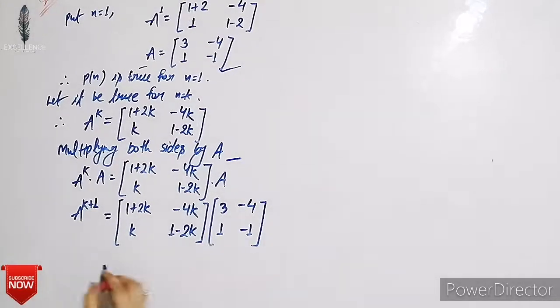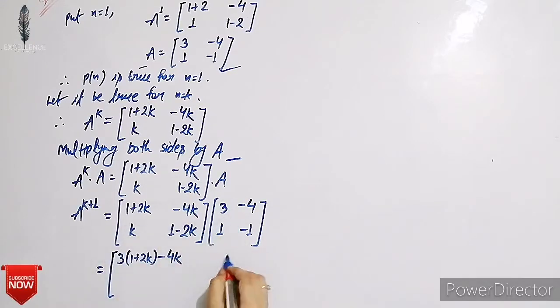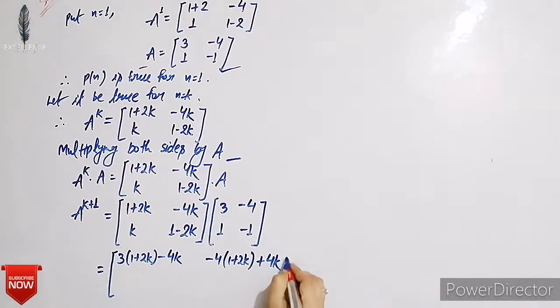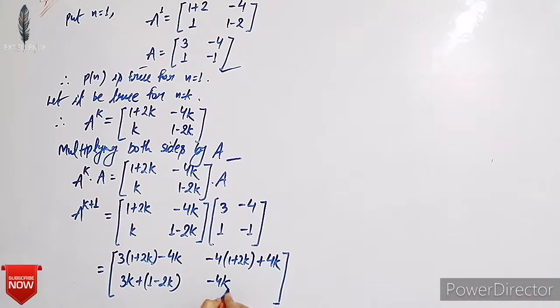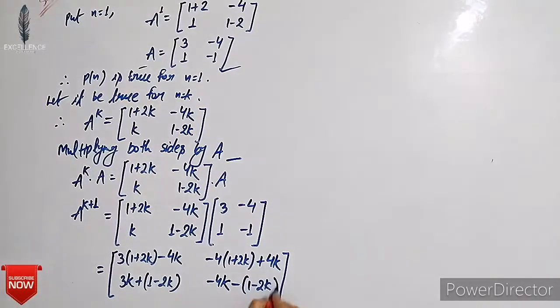Now multiply it by the row by column process. So the first element is first row by first column, that is 3 into 1 plus 2k minus 4k, and first row by second column, that is minus 4 into 1 plus 2k plus 4k. Now second row by first column, that is 3k plus 1 minus 2k, and second row by second column, that is minus 4k minus 1 minus 2k.